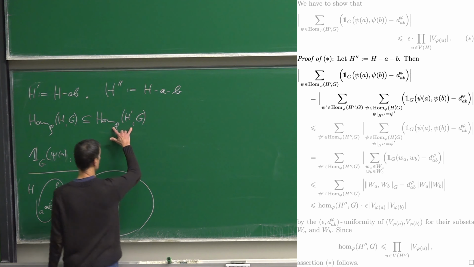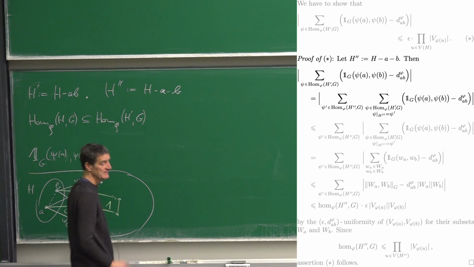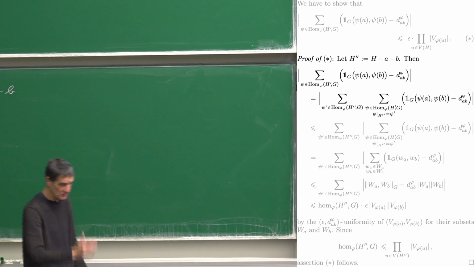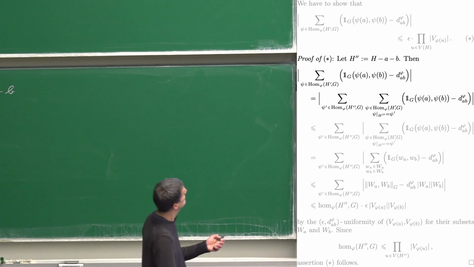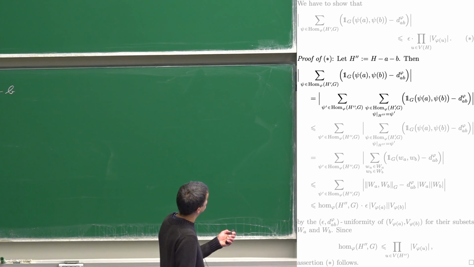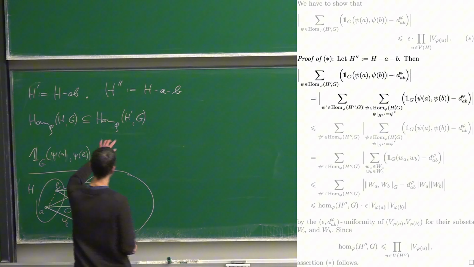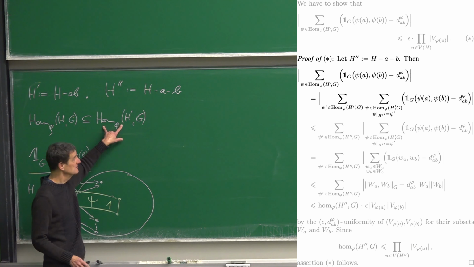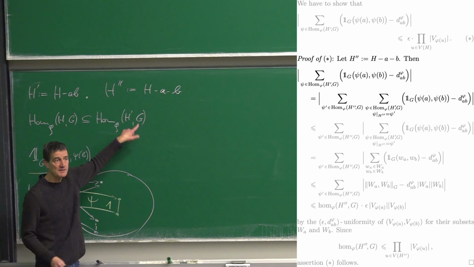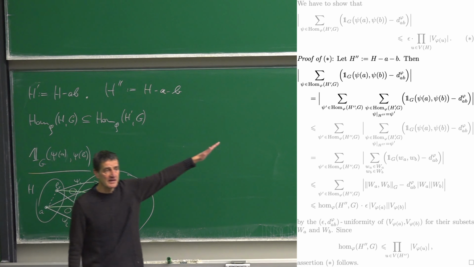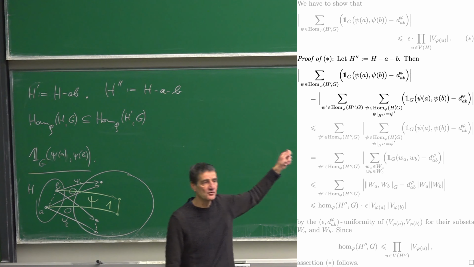It goes over all these elements here, and then it looks at the good ones and the bad ones. And every such psi we now take in two steps. Given a homomorphism psi from H prime to G, we first apply it to all the vertices that are neither A nor B.